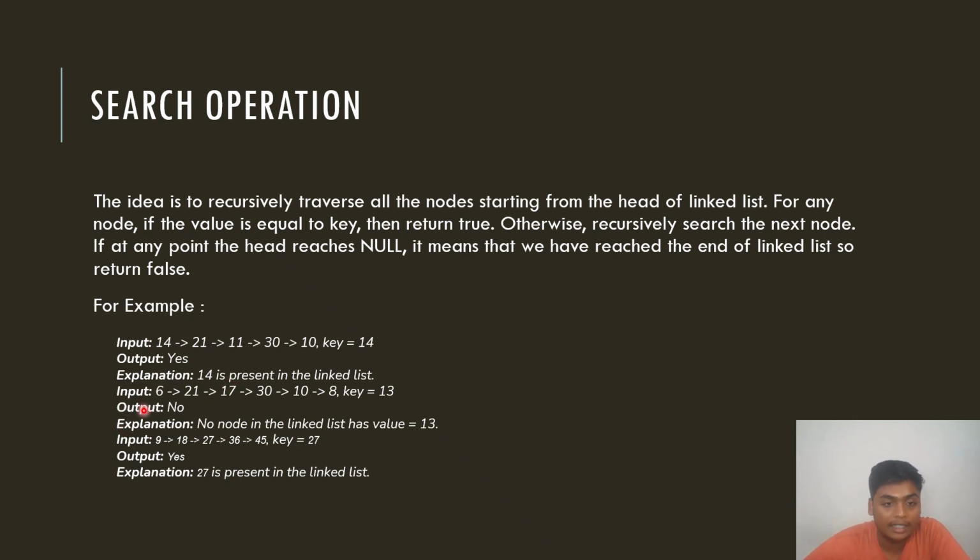Similarly, looking at the second example, we can see a list starting from 6 and 8 and pointing back to 6. 8 will be pointing back to 6, and the key value here is 13. As you can see, there is no 13 in this list. So obviously the output is going to be no. That is a false value.